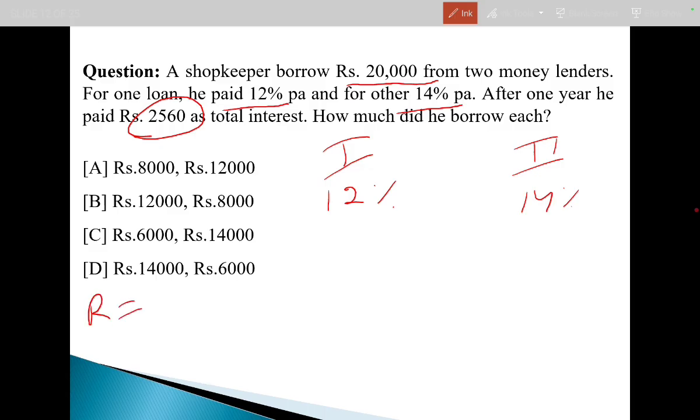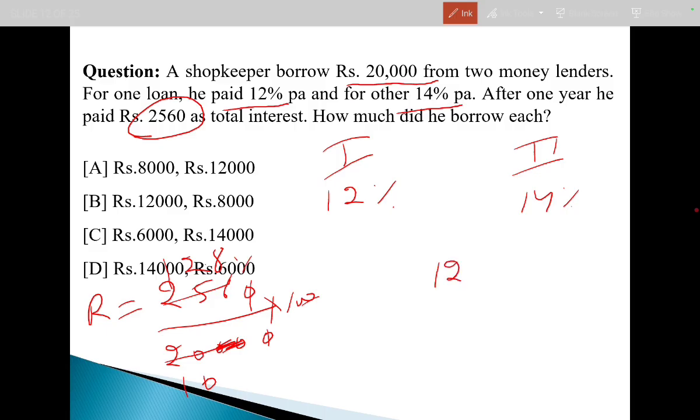To do that, we take SI for 1 year, and divide by the total principal, and multiply by 100. These two zeros will cancel out. Now I am dividing this by 2. So basically 12.8% is the overall interest.